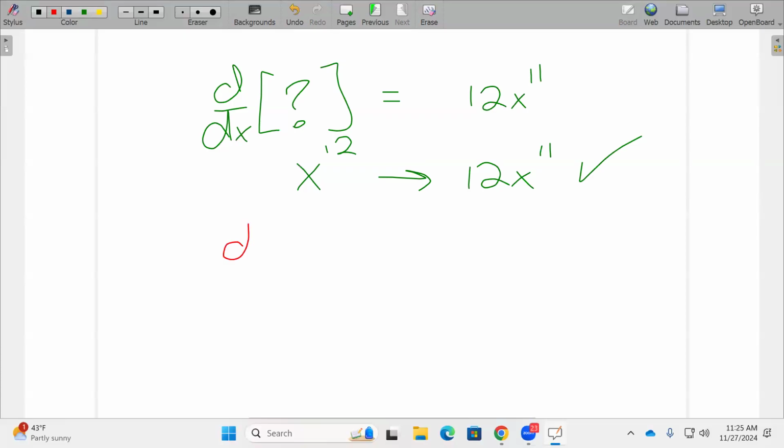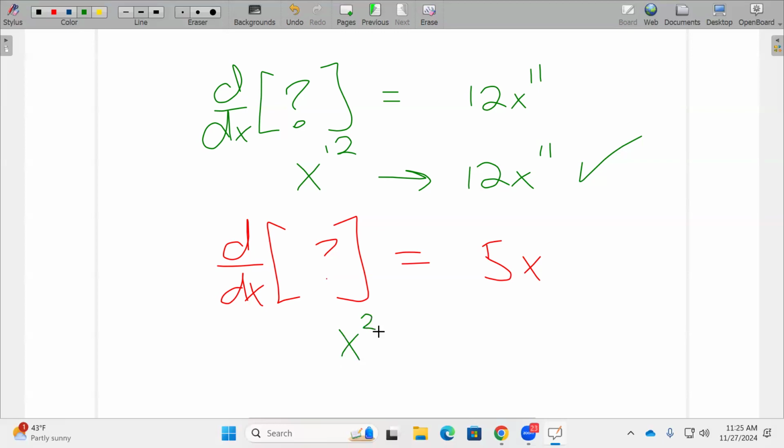Let's try another one. I take the derivative of something, and I am going to get a 5x. So let's see. Reversing the derivative, I have to increase the power. So it has to be something about x squared. Well, 5 is a constant multiple, so there probably was a 5 there also.